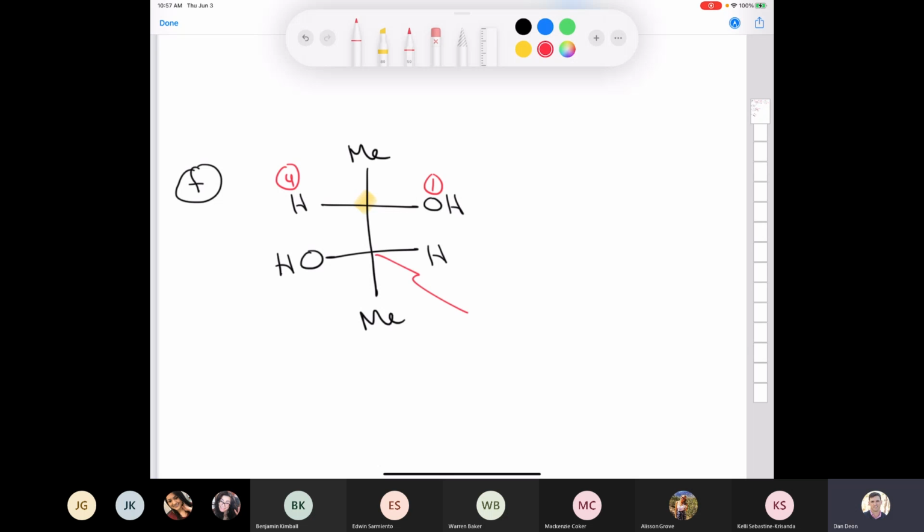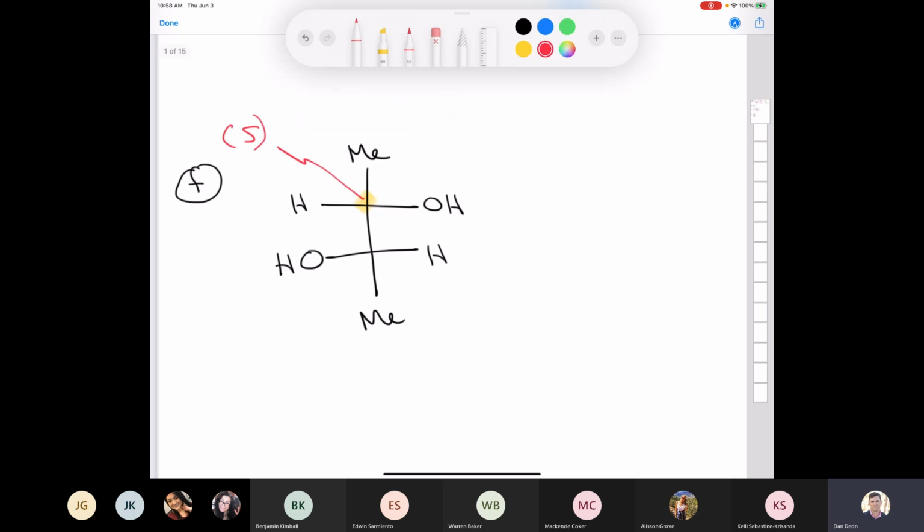This carbon is going to be second highest priority because it's attached to oxygen, carbon, hydrogen, whereas this one is attached to HHH. So this takes number 2. This is number 3. So we go from 1 to 2 to 3, which is clockwise, but we reverse it. So this stereocenter is S. So I'll erase all this stuff and we'll write S next to that.